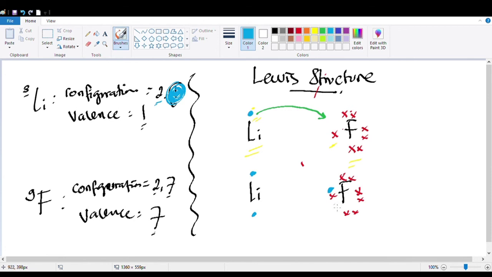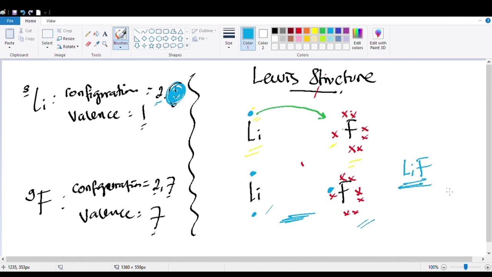Okay, so both of them are now stable. Their life is happy now. And if that happens, this lithium and fluorine form a compound called lithium fluoride. This compound is neutral.